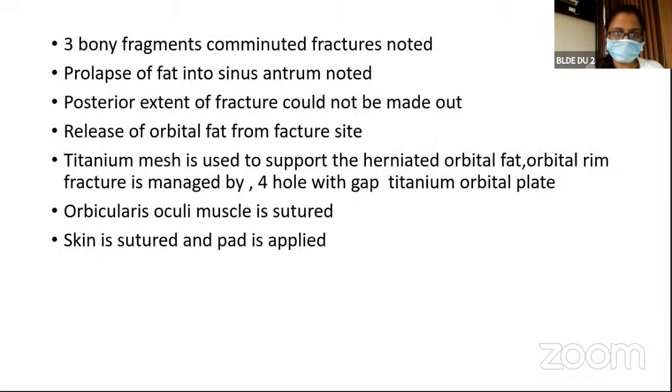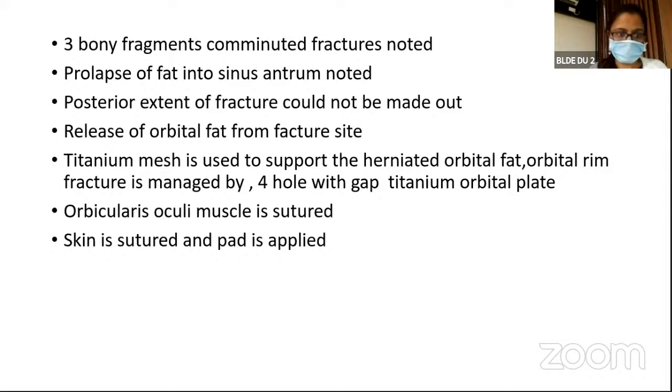The 3 bony fragments, comminuted fractures noted, and the prolapse of fat into anterior sinus antrum was noted. Posterior extent of fracture could not be made out, and the release of orbital fat from the fracture site was done. Titanium mesh was used to support the herniated orbital fat, and the orbital rim fracture was managed by 4-hole gapped titanium orbital plate.